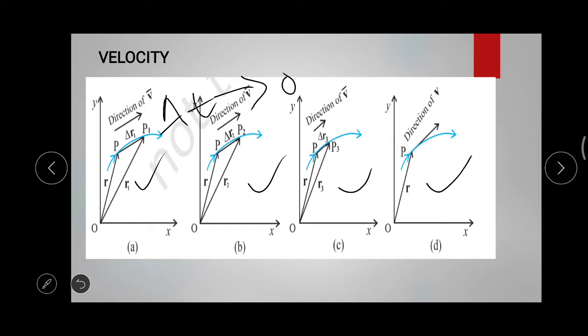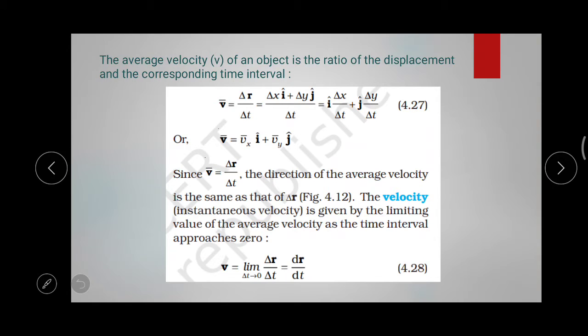So we have defined the average velocity in the case of two-dimensional motion. The same can be done in three dimensions also; there you have to consider the z component also. And instantaneous velocity also we have derived. I think this much is clear.